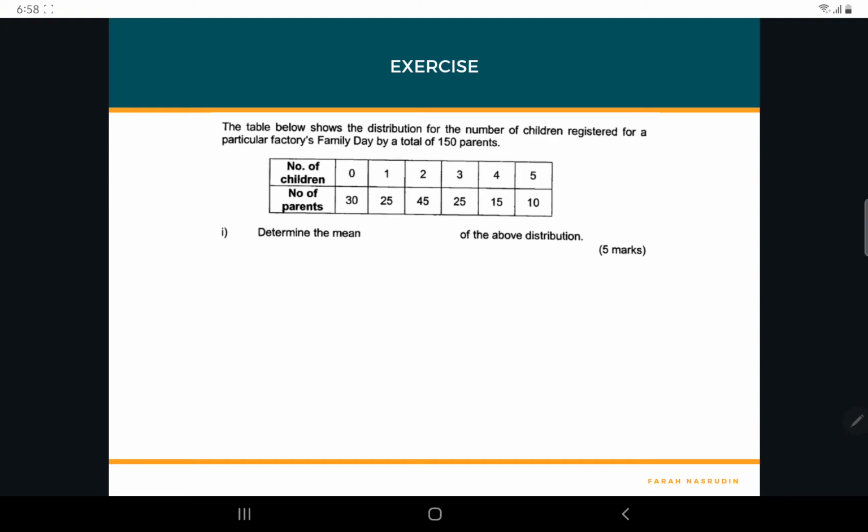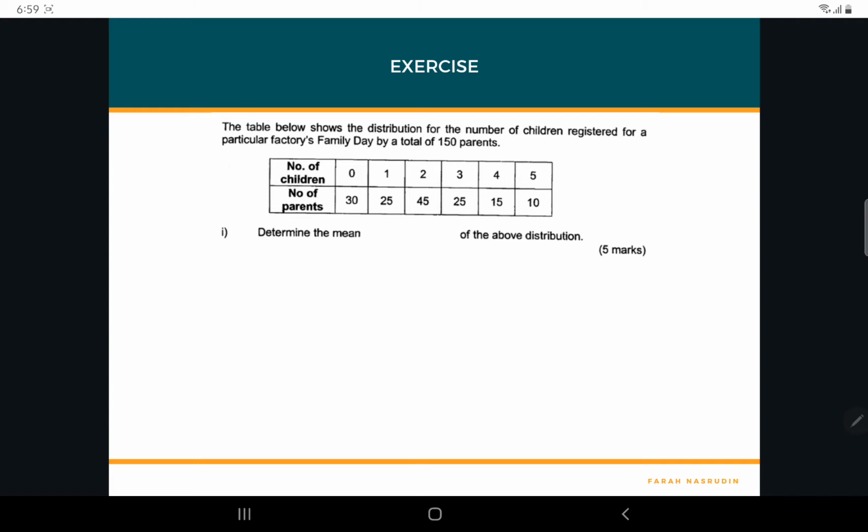So we can see here our data is the type of ungrouped data, and we have a frequency here. So this is the ungrouped data with frequency. We need to determine the mean of this distribution. So we need to use the second formula, which is the formula for the mean of ungrouped data with frequency.